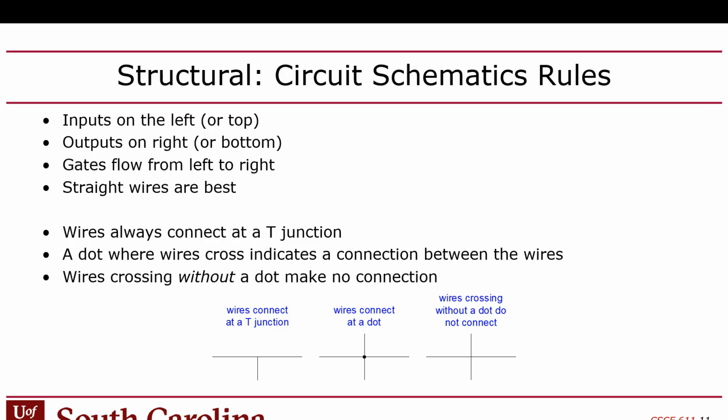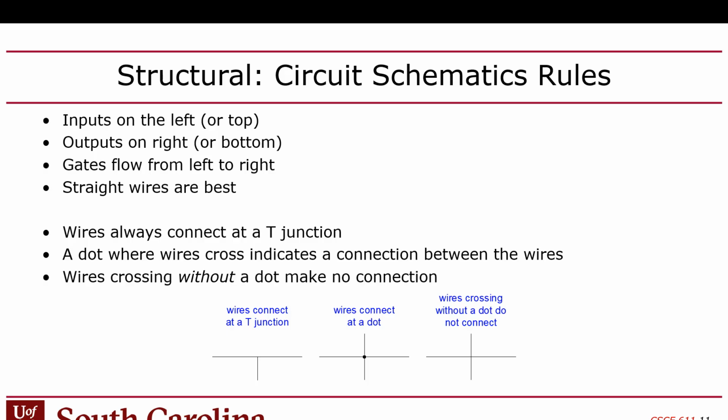The other thing is, if you have two wires that have to cross each other, which happens, the problem is that when you have crossing wires like this, it is more often the case that they're not supposed to be shorted than they're shorted.